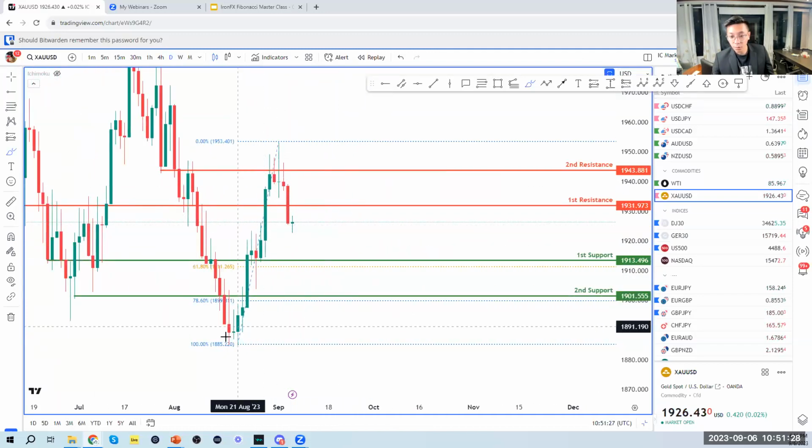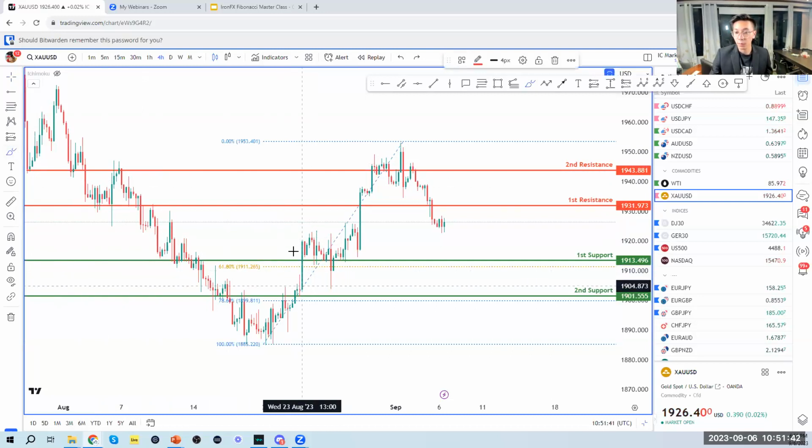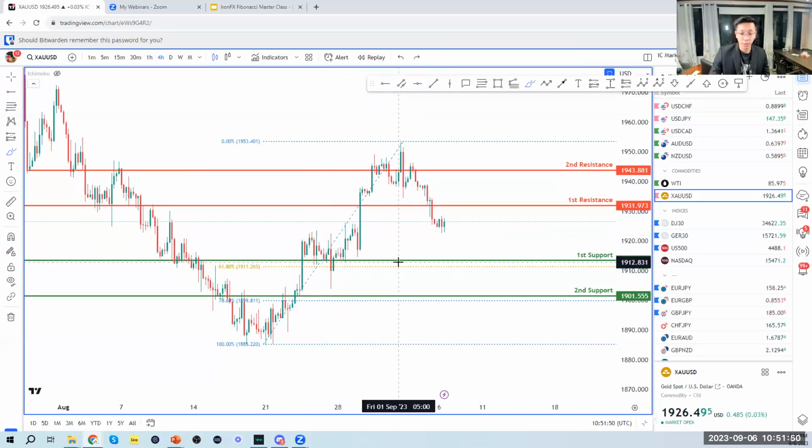If the daily shows a very nice movement, then you can draw it on the daily, and then come to the H4 to see if it's okay. Price shouldn't deviate too much, come down, and cut through. So sometimes cutting through a little bit is fine, but not too much. This is something that you guys can take note of also.